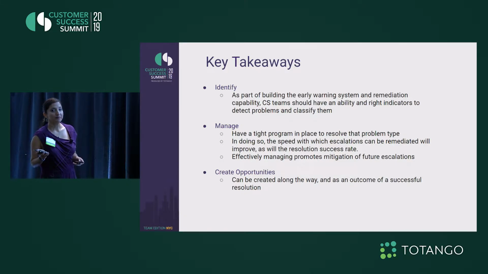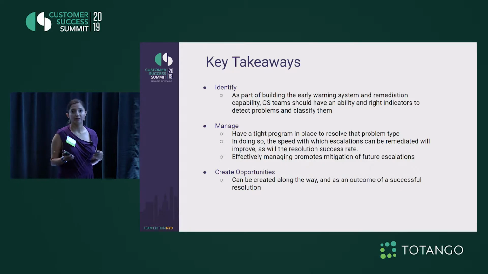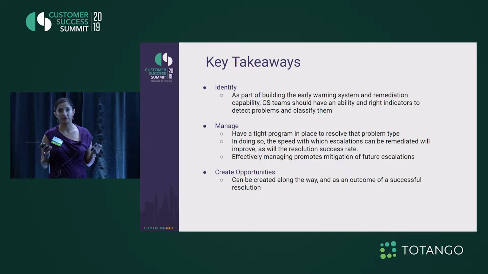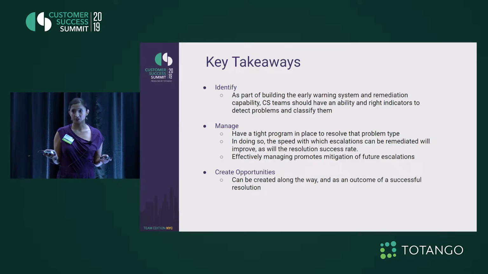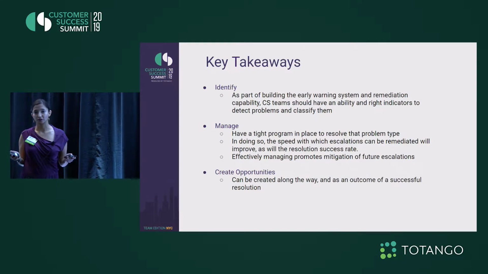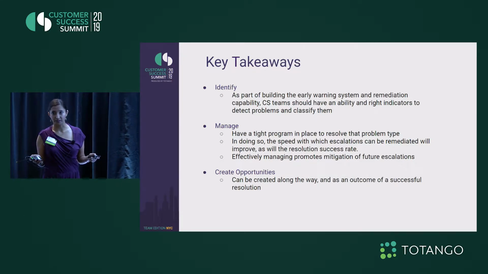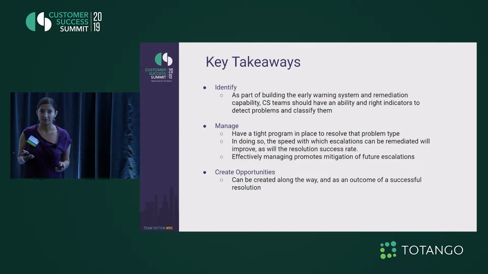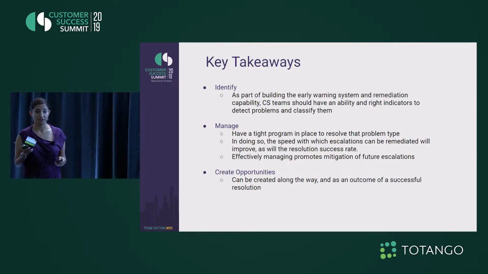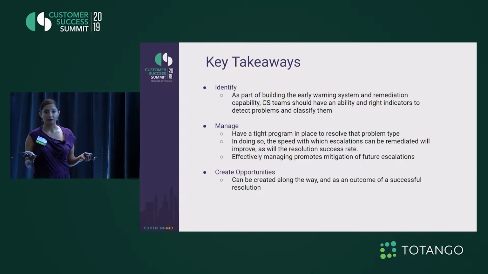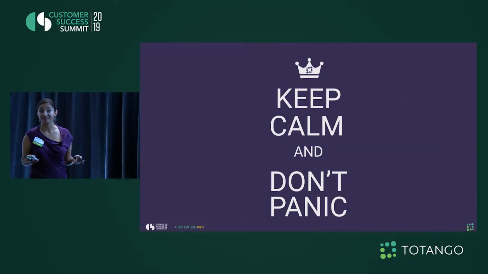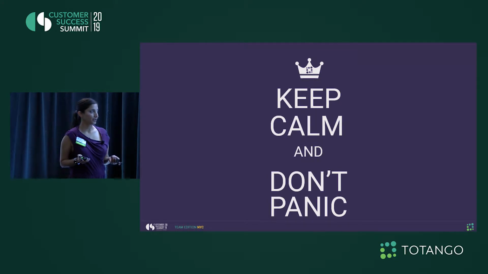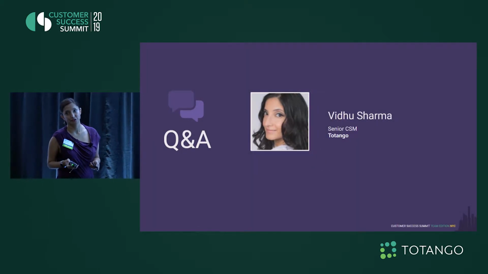We talked about how to manage an escalation, making sure that you have the right processes in place, making sure that you have the right framework in place, leveraging the scorecard in Totango, leveraging the segment views, operationalizing it through success plays. All of that plays in, and all of that should help mitigate future escalations, but also improve the time to remediation or resolution. And then also how to create opportunities and capitalize. So identify, create opportunities, capitalize on those opportunities, not only along the way, but at the outcome of a successful resolution.